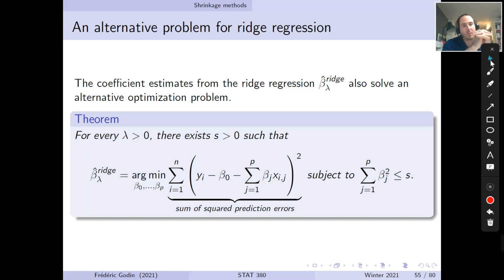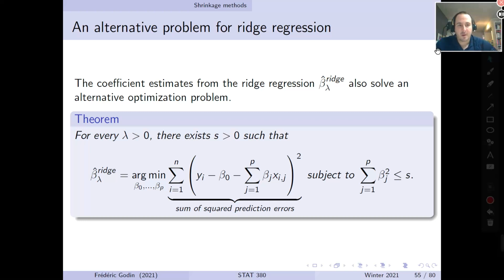Now, what we're going to do is discuss a second problem that leads to the same answer. Okay, so we can rederive the ridge regression from an alternative optimization problem. What if we consider the following problem instead? Let's say we could try to find the parameters beta 0 until beta p, which would once again minimize the sum of squared prediction errors.